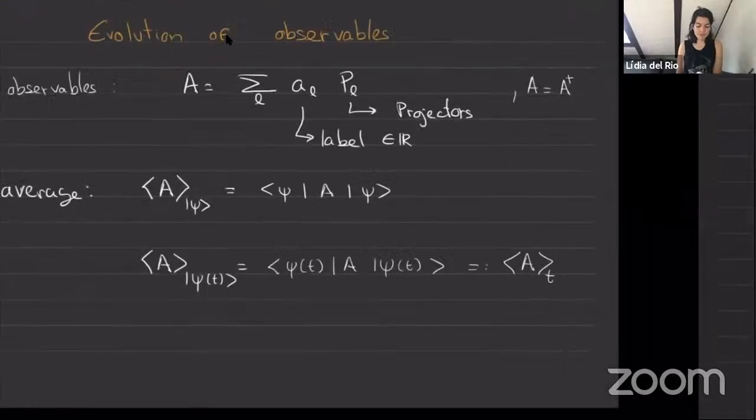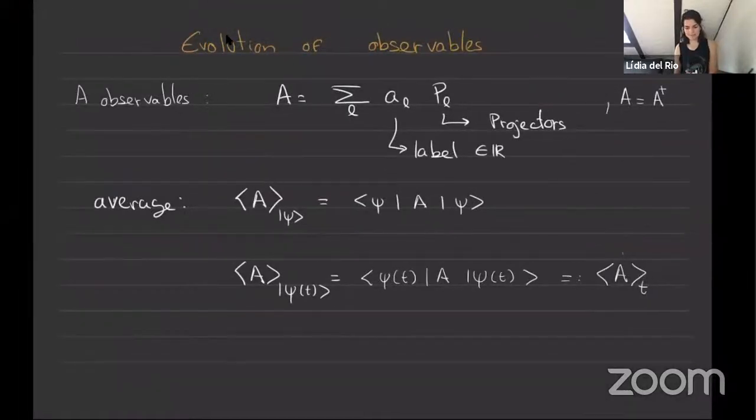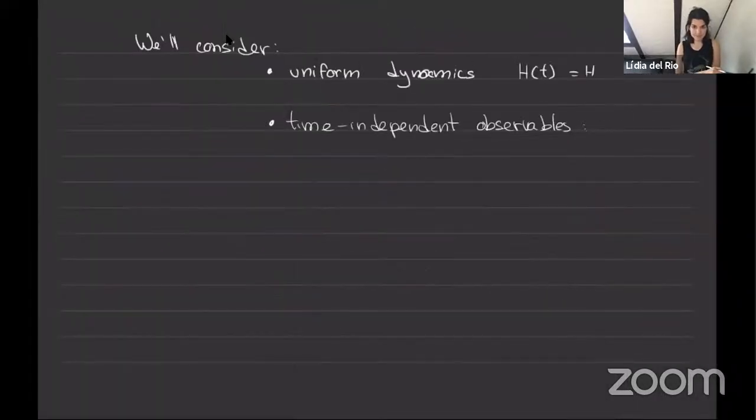Okay, so now we will study only a very specific case. And this is where it crashed the last time. So this is as far as I've made it. So consider only uniform dynamics, meaning again that the Hamiltonian doesn't change in time, and time-independent observables, which means what? This is important.